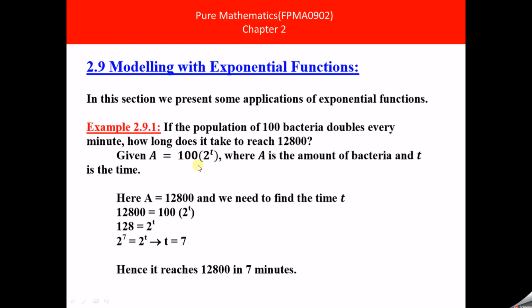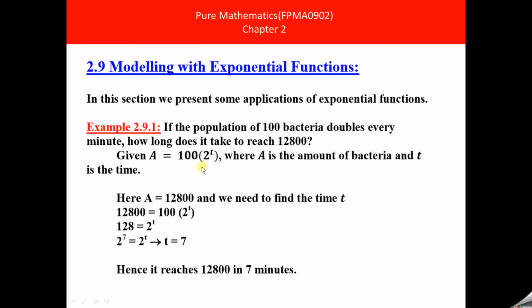Since we multiply by 2 each time, we can write it as 2 power t. So t equal to 1, that means after 1 minute you multiply by 2 power 1, that is 2. After the second minute we double again, that means 2 times 2, that is t equal to 2, 2 power 2 means 2 times 2.